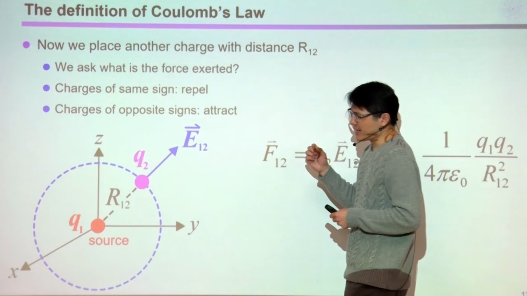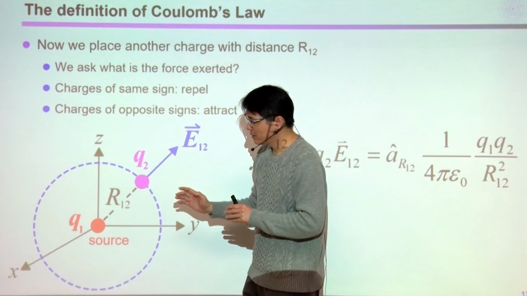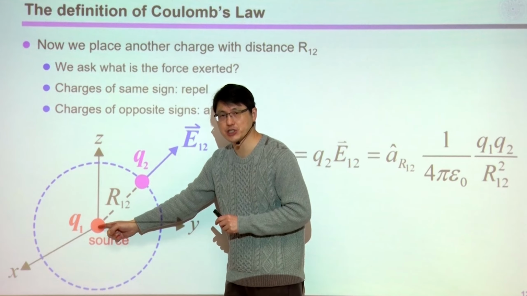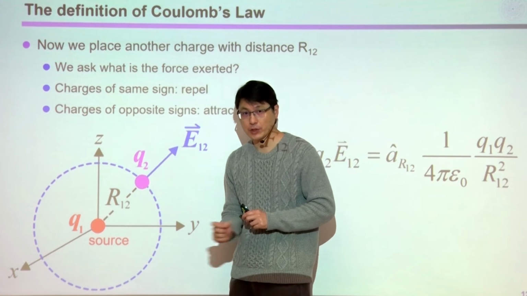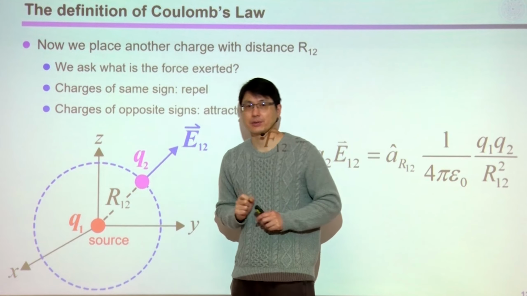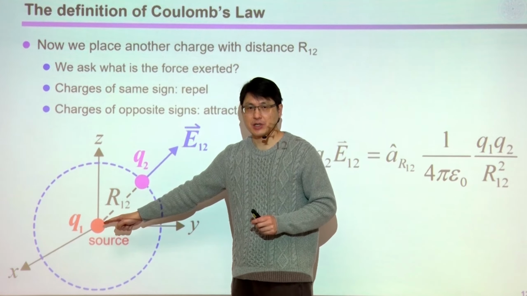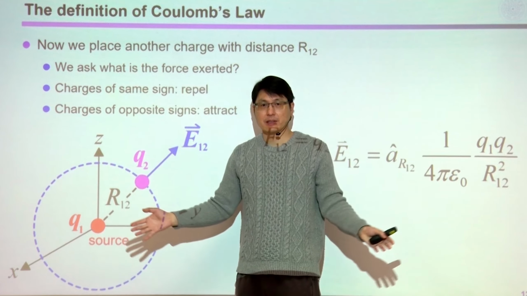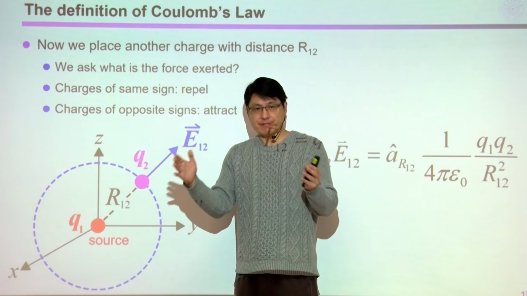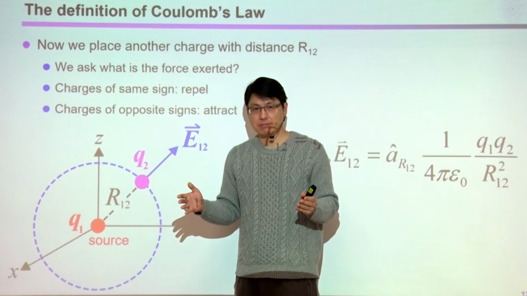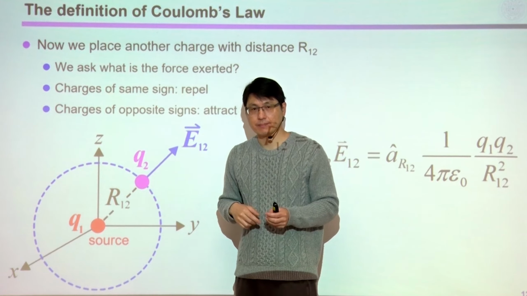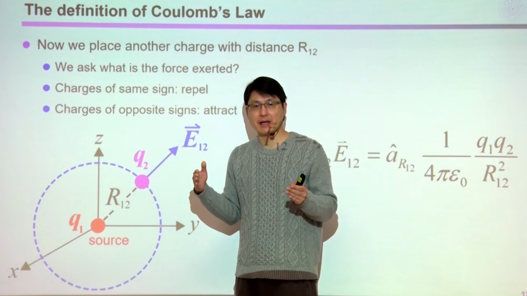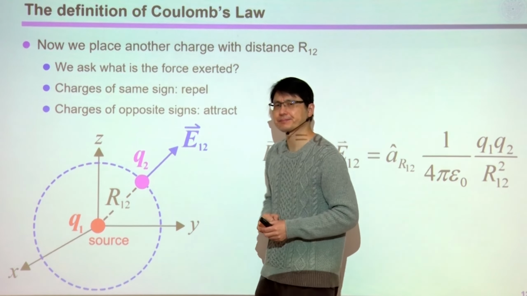So he was asking the question, okay, if I have the first charge, Q1, right? The first charge is going to create its E field intensity distribution, like the one we just derived, Q divided by 4 pi epsilon 0 r squared.